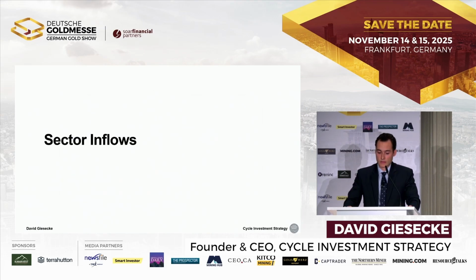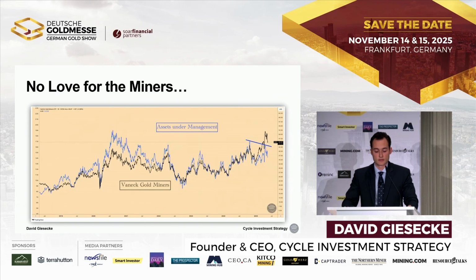What is also a very nice tool is looking at the sector inflows, and I have a very nice chart here for the GDX miners. This is the Van Eck Gold Miners Index in black, and in blue we have the assets under management, so the money that is actually invested in the gold miners.